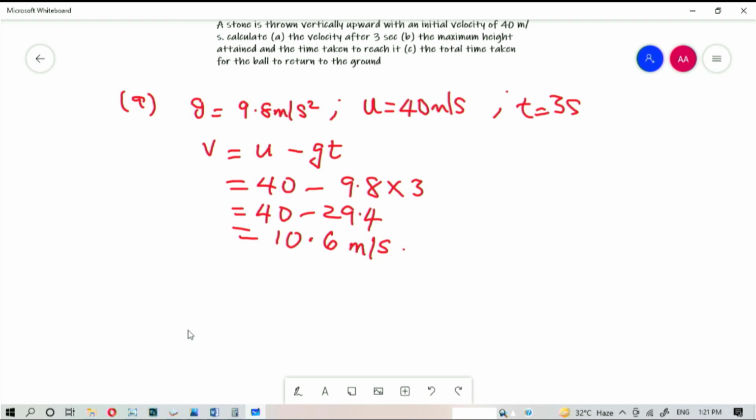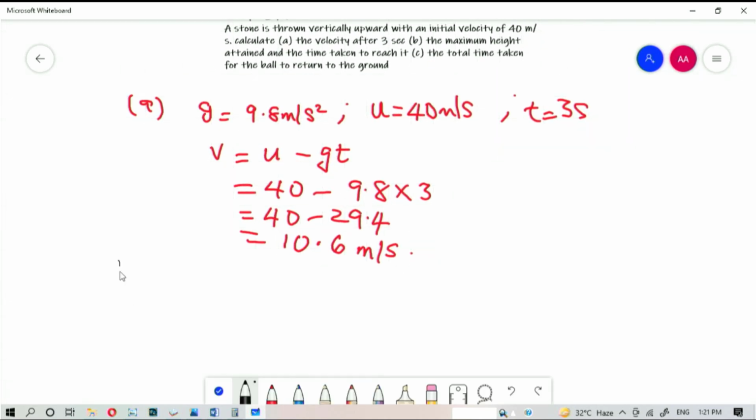At the maximum height, we can use v square equal to u square minus 2g s max. At s max, v is always equal to 0.